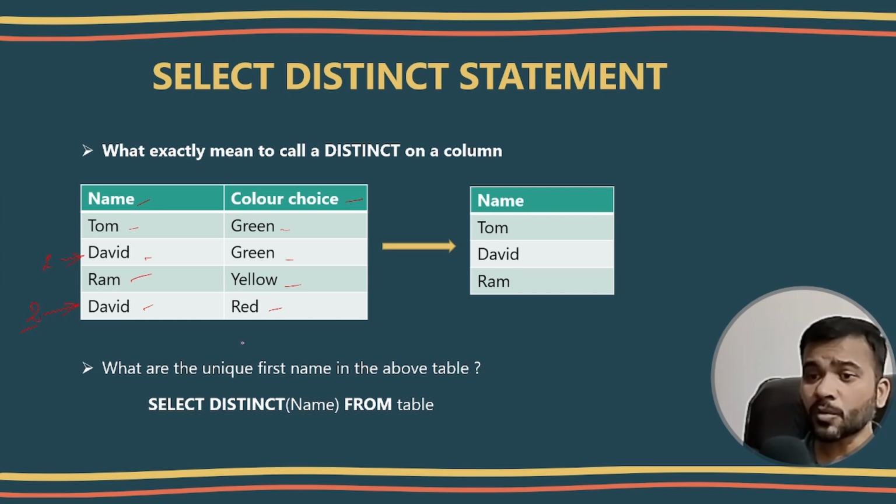Now, what should be our query for the above table? First we will write select and then we will write distinct. In parenthesis, we will write name from whatever our table is, that table name basically, right? Now you will say, hey, here we don't use the count function, but again you have used a parenthesis here.